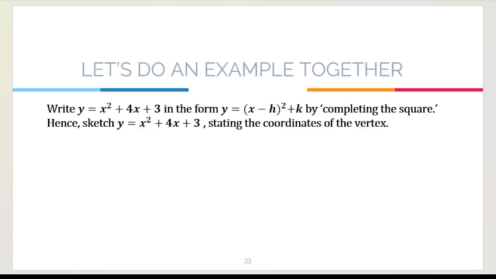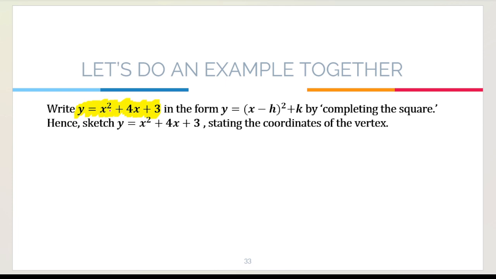So let's have a look at this example here. Again, I'll highlight it. We have y equals x squared plus 4x plus 3. Now, this is one that we can use sum and product with. However, this also makes it a really good opportunity to use completing the square because it is one that we know what coordinates we should get for our x intercepts.